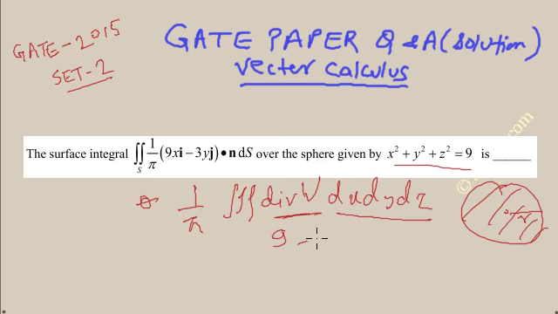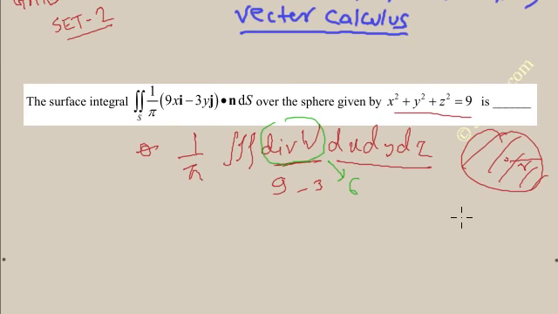So 9 minus 3, that is 6. So you can replace it by 6, and the triple integration over the entire volume is the volume of this sphere, and the volume of a sphere is given by 4 by 3 pi r cube.